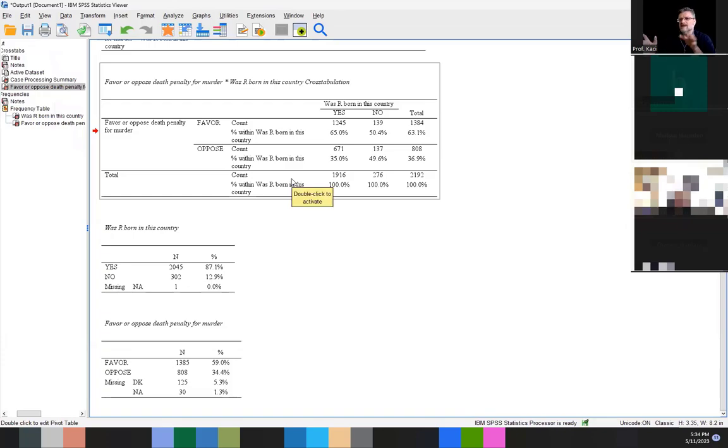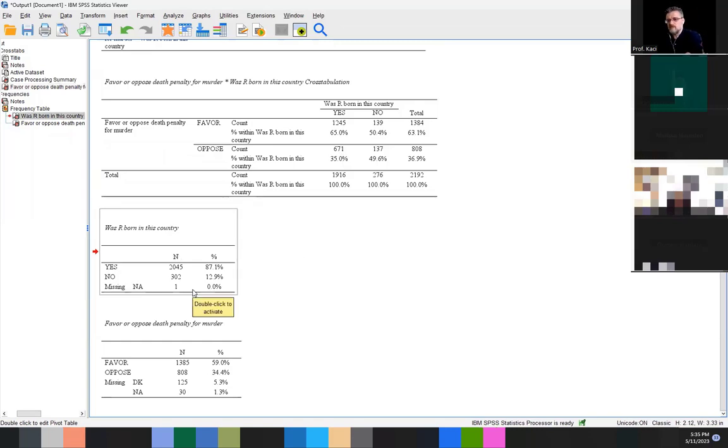So cross tabulation takes away one case that might be in one variable, but it's not in the other. Okay, so I just wanted to show you that. But the frequency does not tell you how many of these 2,045 people who are born in this country favored or opposed death penalty. No, only the cross tabulation tells you that. So among those who are born in this country, 1,245 favor and 671 oppose.